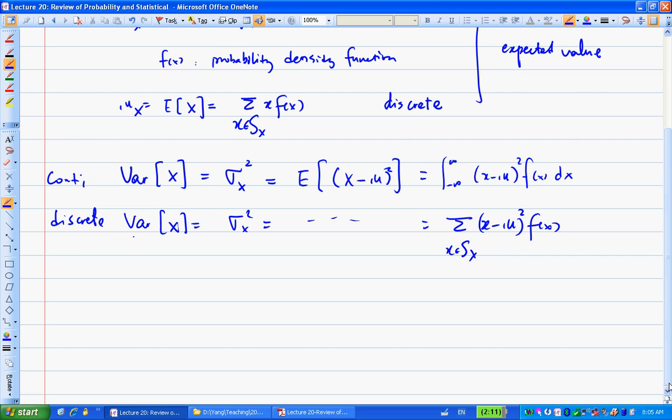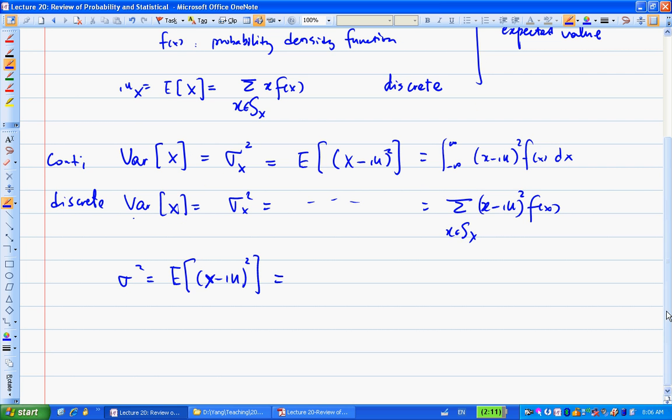There's a little extension of this formula that might be useful for future proofs. Sigma squared equals E of capital X minus mu squared. What does this equal to? You can expand the term inside the bracket: X squared minus 2 mu X plus mu squared.